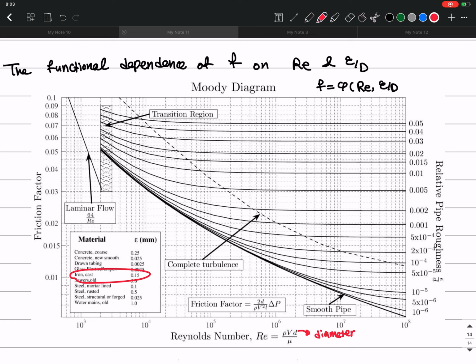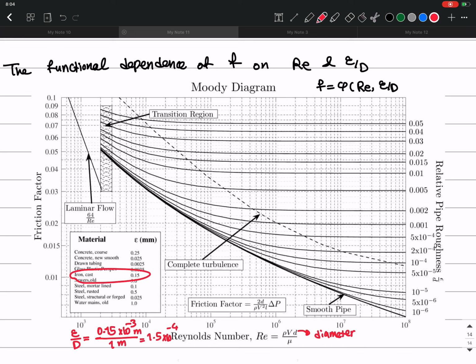So what is epsilon over d? Epsilon over d is 15 millimeter, which is 10 to the minus 3 meter, over 1 meter. So the relative roughness is going to be 1.5 times 10 to the minus 4, okay?